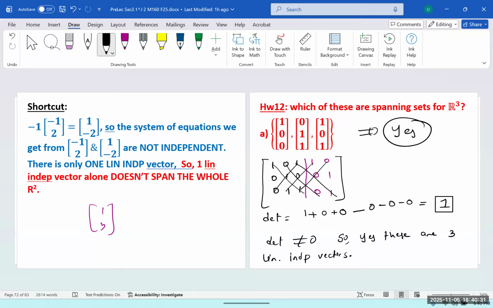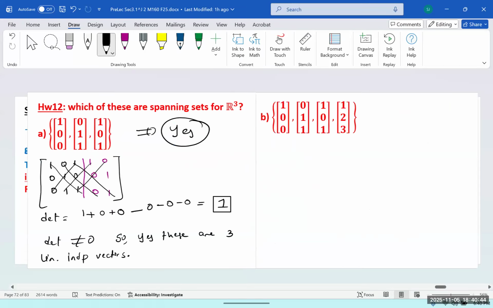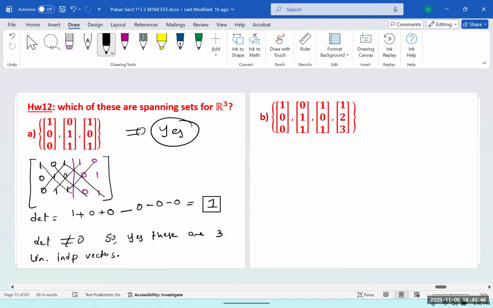So in the exam, I'm going to give you something like this, a set, and I'm going to ask you, are they linearly independent? Do they span the entire space? And then later we're going to learn about bases, so we're going to have another concept. The next set has 4 vectors in which space? R3.